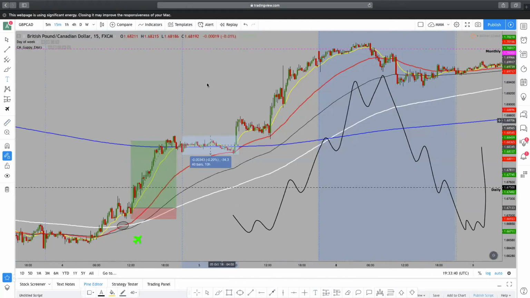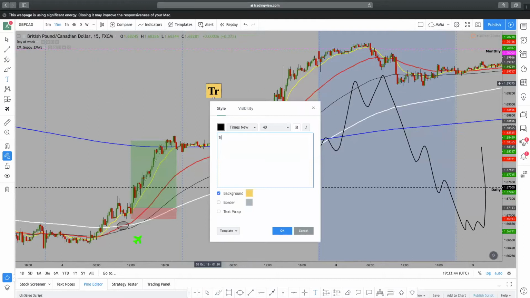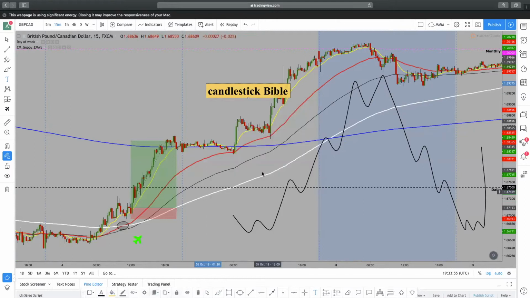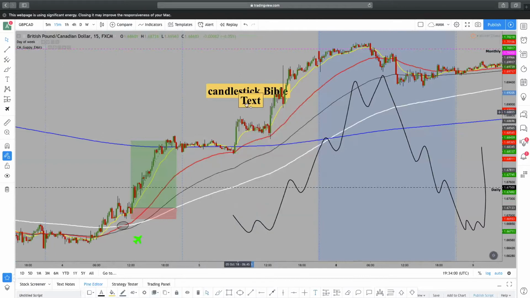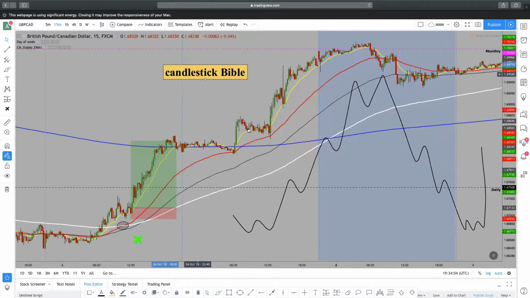I really recommend everybody to read this book, Candlestick Bible. Refer to this book. When price is making an engulfing in moving average like this or this, you can enter here, or you can wait for the retest. Me personally, whether here or here, I would enter the market.